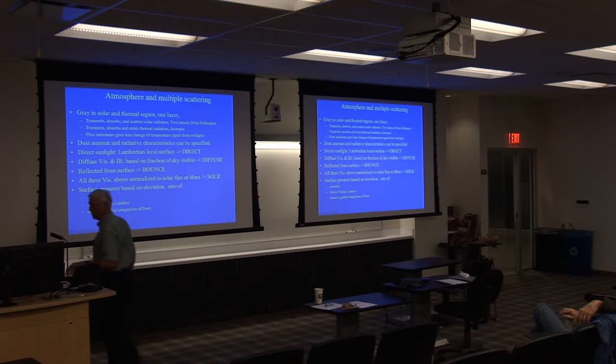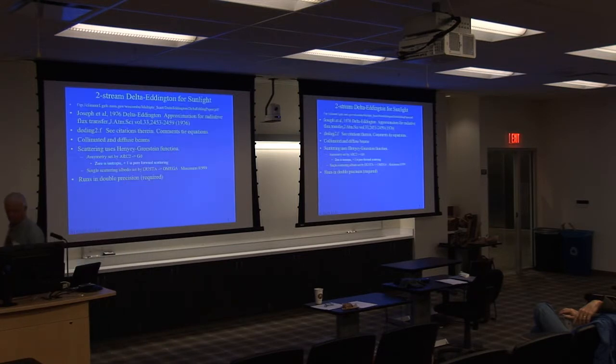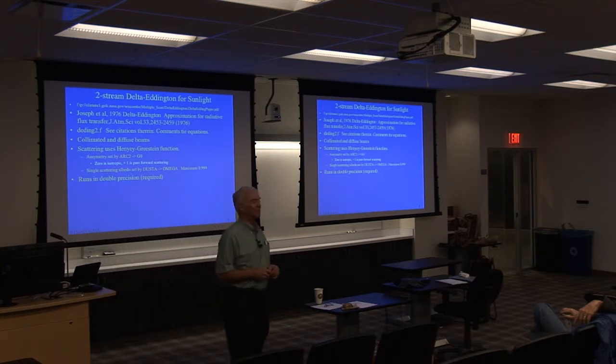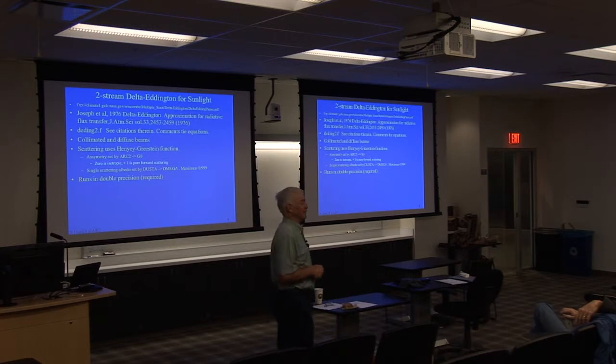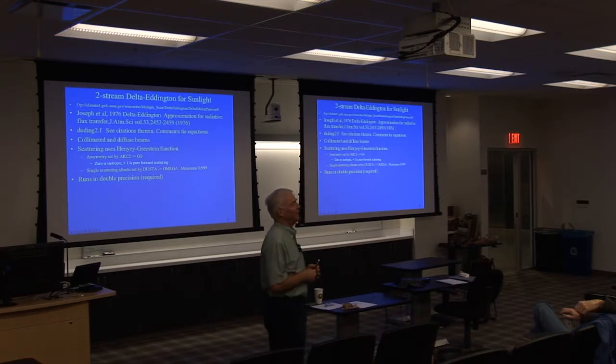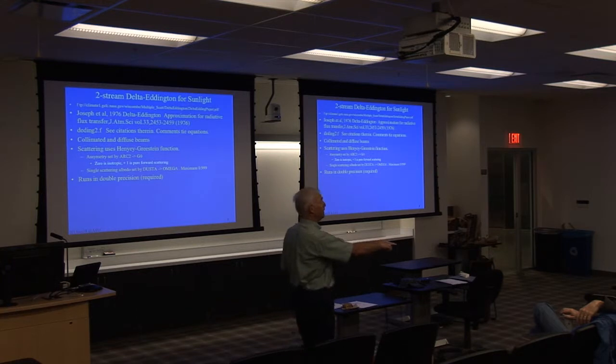Okay, two-stream delta Eddington. This is named for Eddington, who was maybe the first radiative transfer scientist. And the two-stream means it actually breaks the radiation into two components, a direct component and a diffuse component.